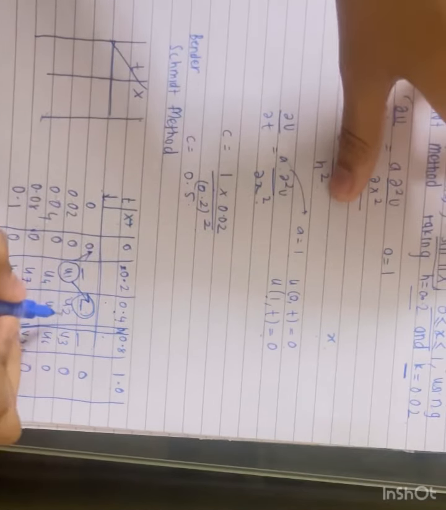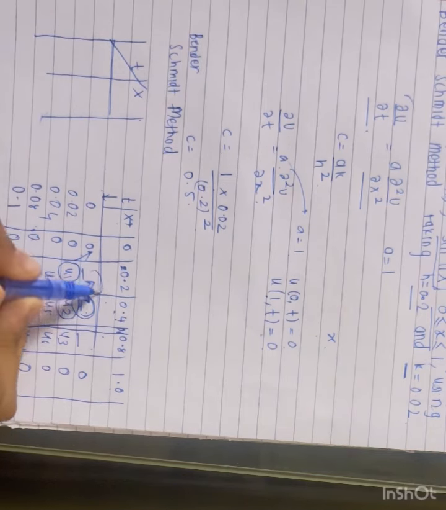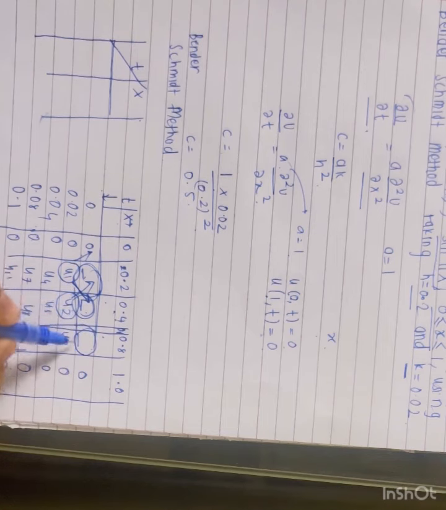The value of u2 will be calculated as this cell plus this cell divided by 2. Similarly, if I would have written 0.6 over here, the value in this cell would have been this plus this divided by 2, and u3 is this plus this.